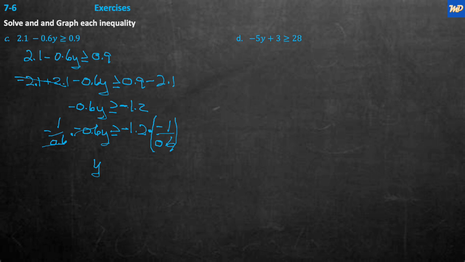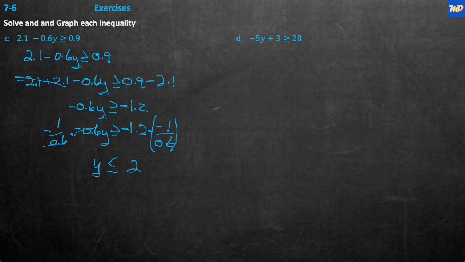Since we multiplied by a negative number, we have to flip the inequality sign. So now it's less than or equal, and the minus 1.2 times the minus 1 makes it a plus 1.2, and we're dividing it by 0.6. And you divide 1.2 by 0.6, you're going to get 2.